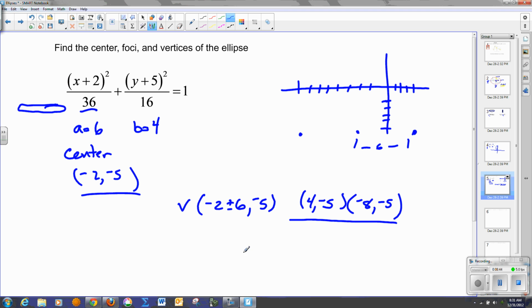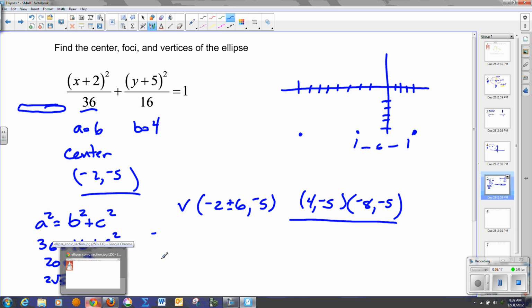The foci, I need to find my c value to get that. Well, I had that relationship between a, b, and c where a squared equals b squared plus c squared. Well, I have a squared, that's 36. I have b squared, which is 16, which leaves me to find c. I end up with 20 is equal to c squared, and 2√5 equals c.